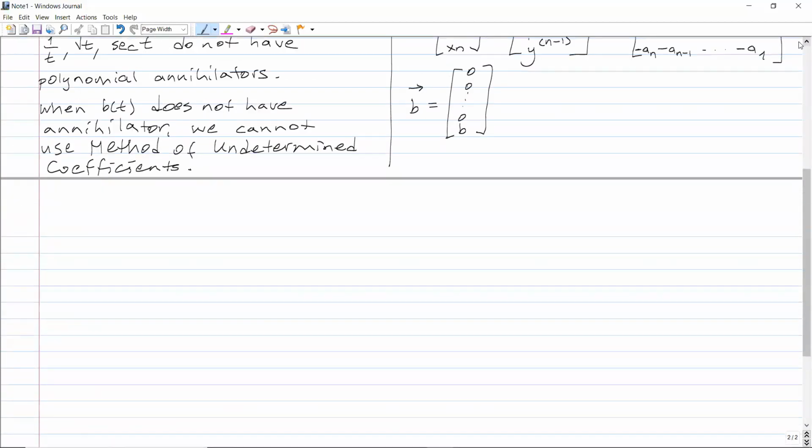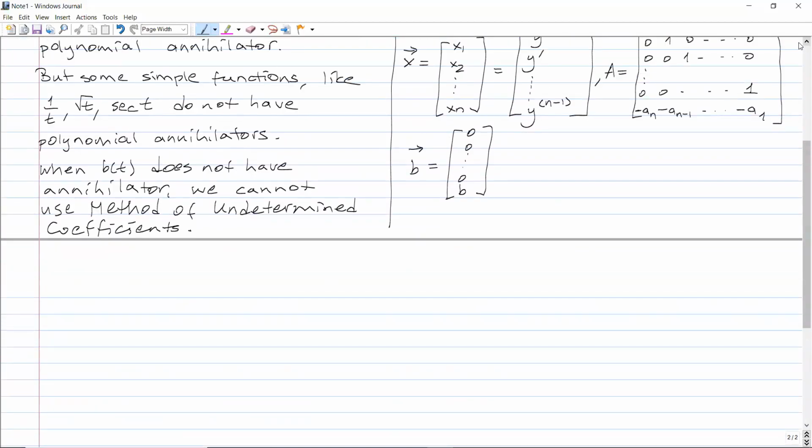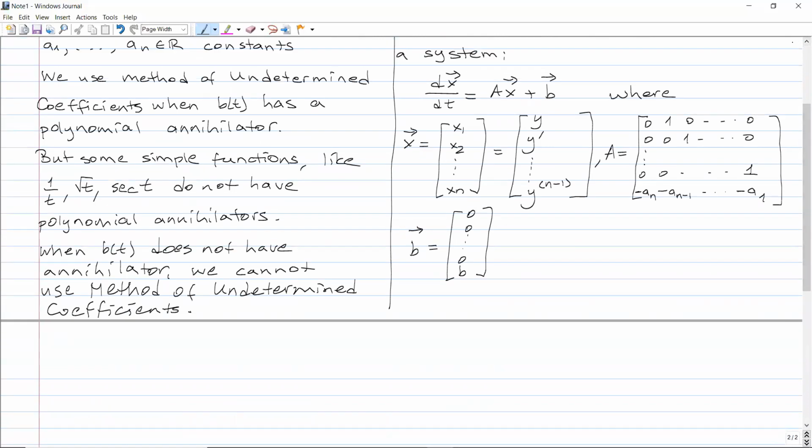All right, so we have this system with this matrix A and this vector B. Now let's recall the variation of parameters for systems.